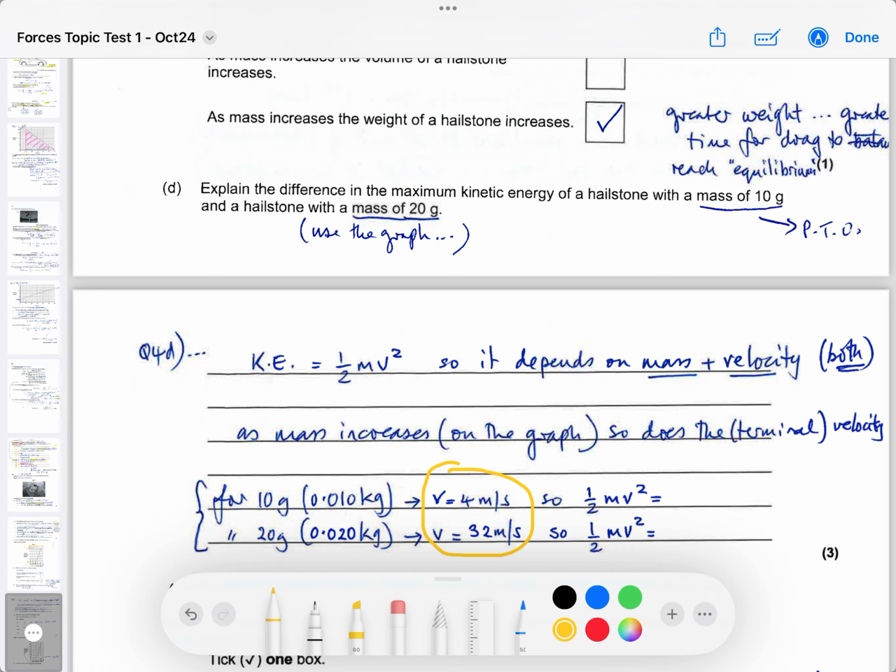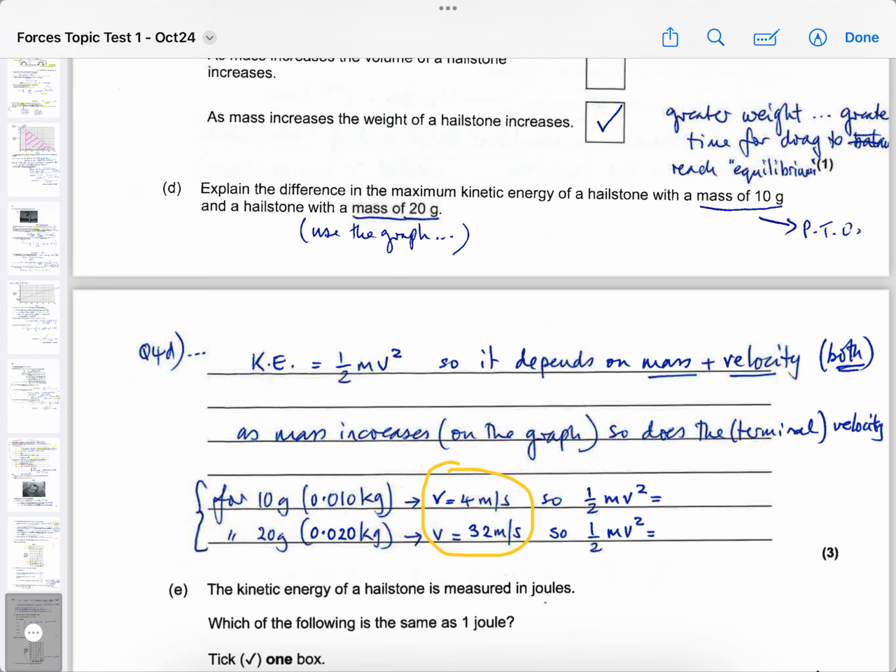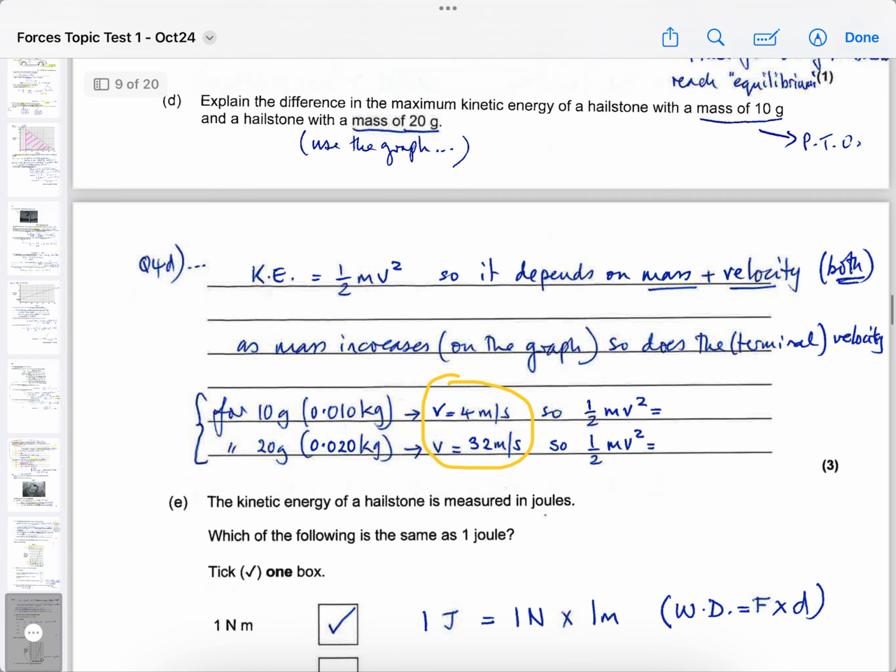As long as you've explained that you know what kinetic energy is, and you've used the graph to show the difference in the speeds, then you've got everything you need to clearly explain in depth and detail why the larger mass has a greater kinetic energy. It has larger mass and a larger velocity, so obviously it must have a greater kinetic energy.